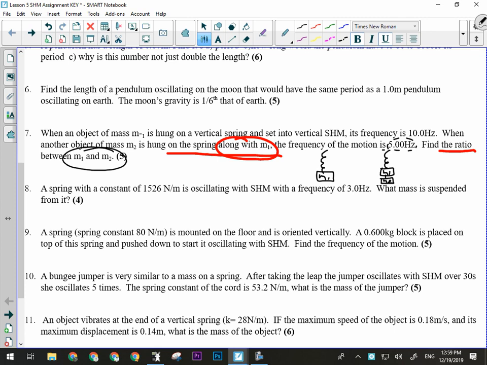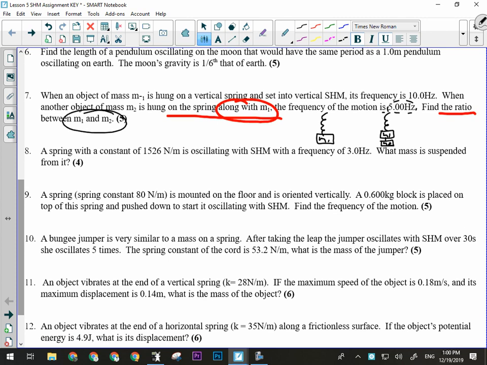Another important thing to keep in mind is that in both situations, the spring is the same. That means one of the properties of the spring that's really important for masses on springs does not change. You don't know what it is, but it's the same in both situations.